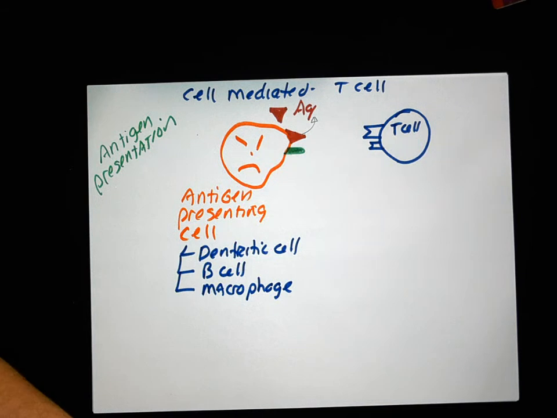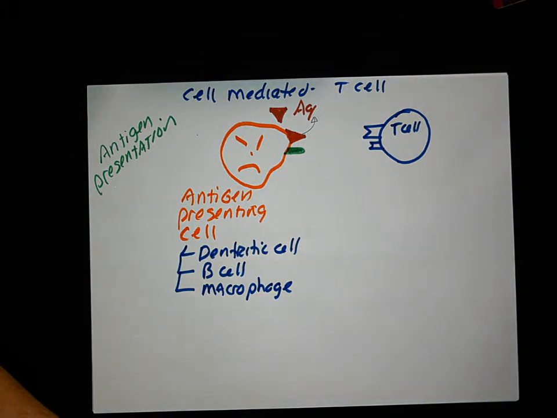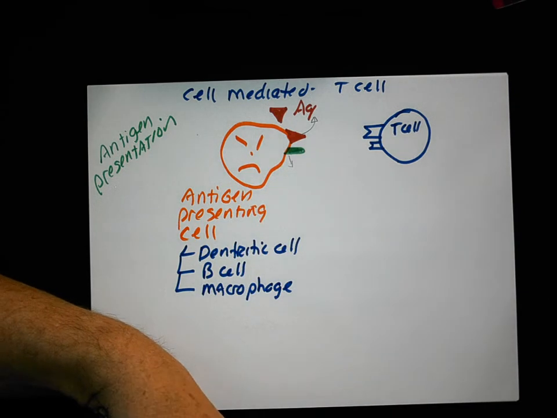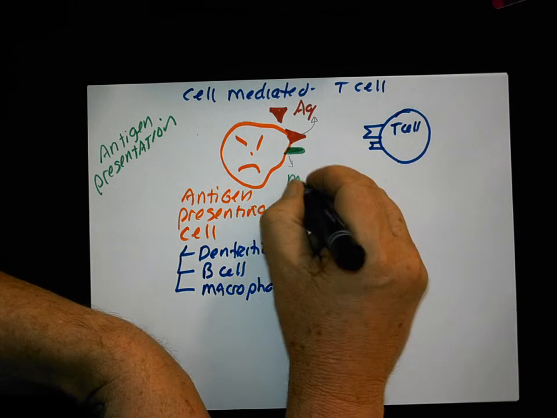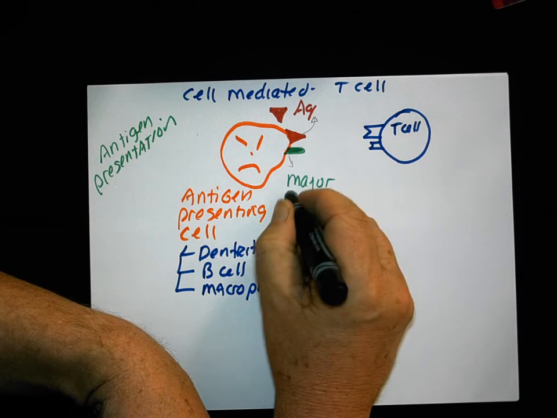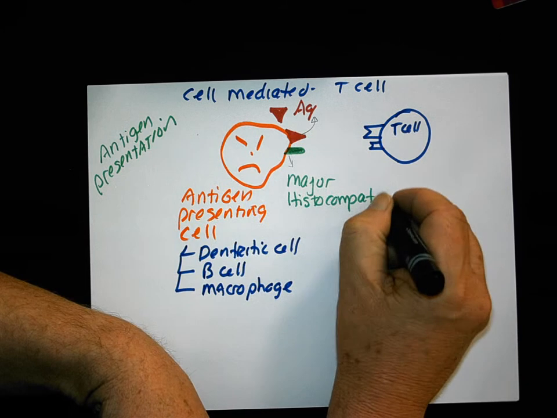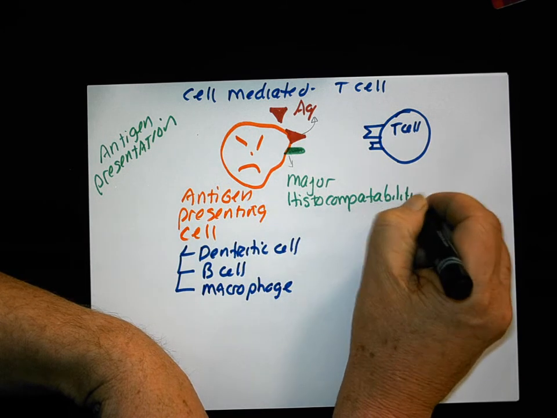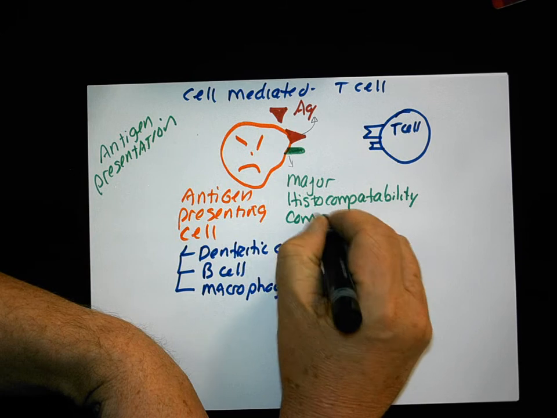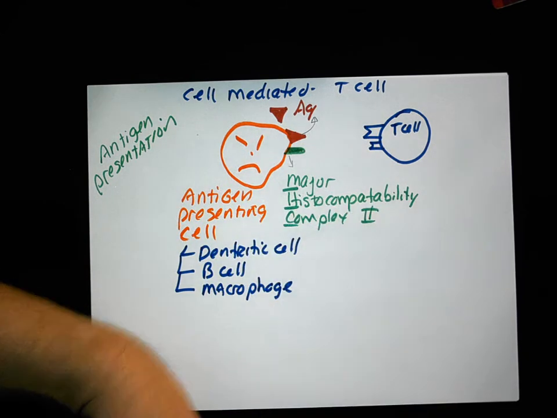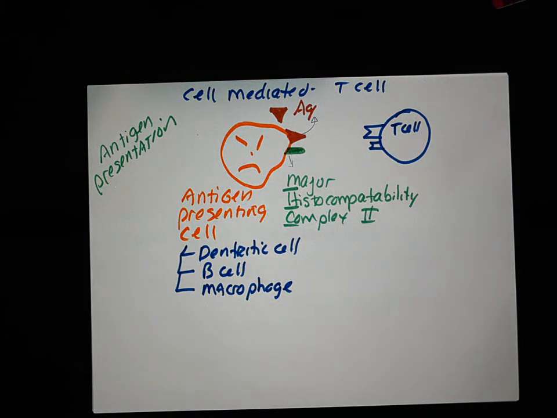You have the antigen sticking out, and you have another particle sticking out, called MHC2, which is major histocompatibility complex class 2.